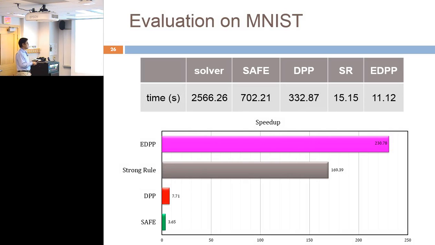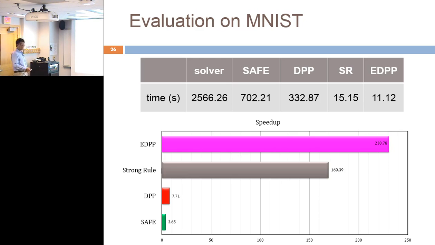It needs about 5.5 minutes, and this is the improved version of our method. It only needs a bit more than 10 seconds. So compared to the solver without screening, we can see that this trick earns you a 230 times speed up.